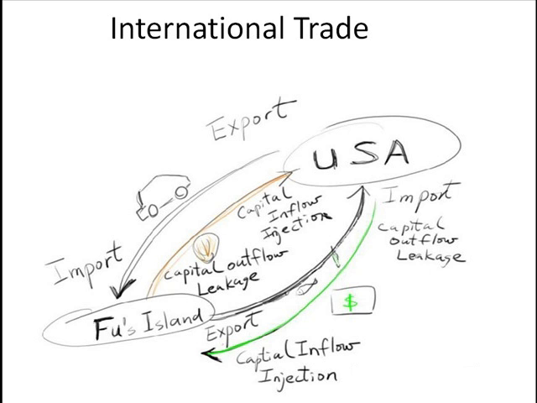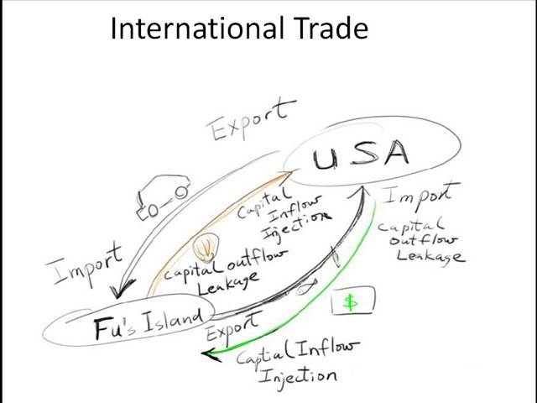Now, after Mr. Robinson formed this import and export company, he buys fish and corn from Fus Island and sells to the United States. So let's look at this fish and corn in Fus Island.